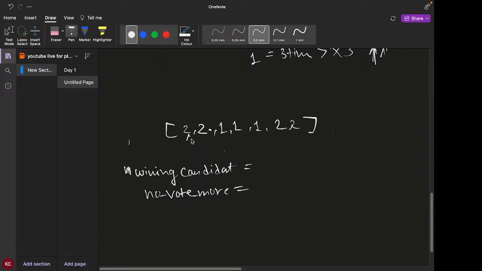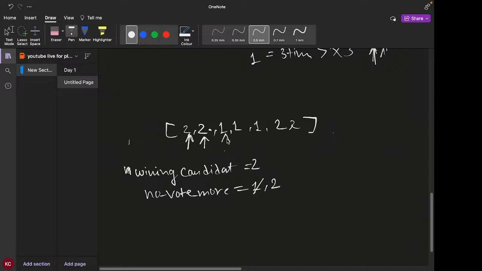Initially there is no other candidate, so I will assign it to 2, because 2 got 1 vote, so the vote count will be 1 and the winning candidate will be 2. Definitely 2 will win if there is not any other value. So I move ahead, and if someone votes for the 2 again, then its count will increase to 2.